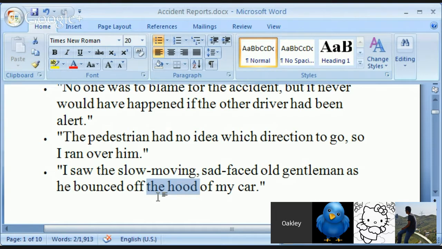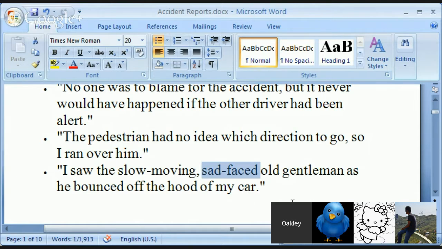So the slow-moving, sad-faced old gentleman bounced like a ball off the hood of his car. You can use any adjective like this, happy-faced, sad-faced. This is regular. This is very good: slow-moving, sad-faced, making these hyphenated adjectives. Actually, English is very interesting because we can basically create language anytime we want to, and it's perfectly grammatically correct.